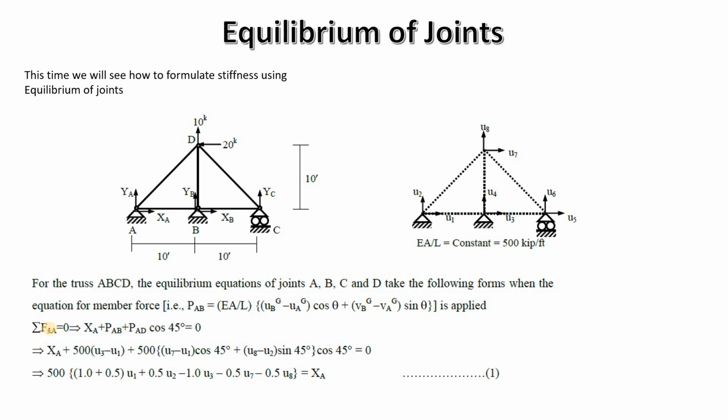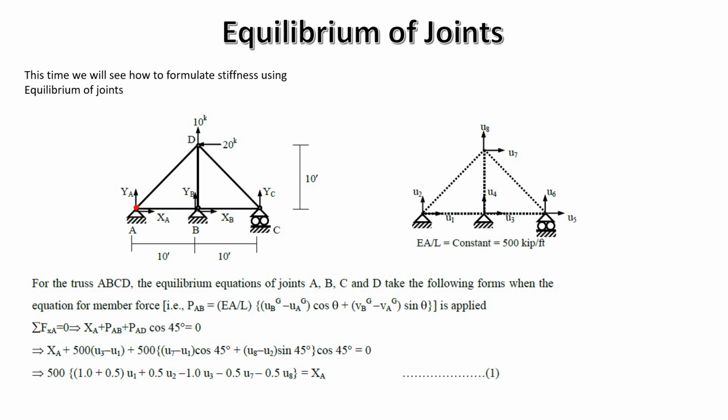Right over here we have the force in x direction at joint A. This is going to be 0, as we know from the equilibrium equations. They're supposed to always stay at 0. So we're going to consider all of the x direction forces here.